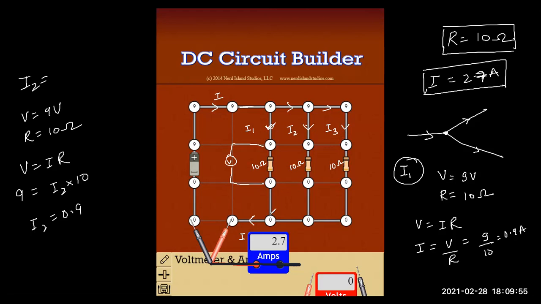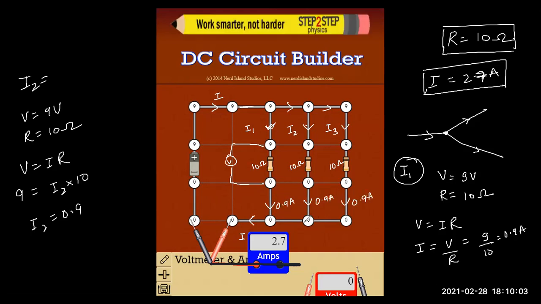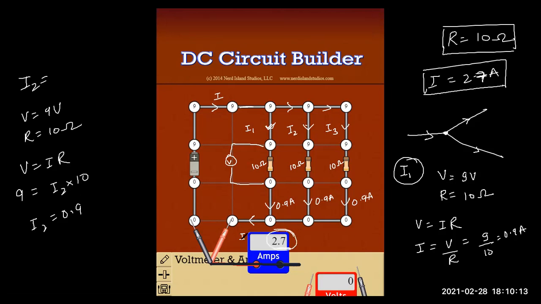That means if I get 0.9 amperes here, 0.9 amperes here, 0.9 amperes over here, how much will this sum to? 0.9, 0.9 and 0.9. This gives me a sum of 2.7 amperes. You do 0.9 into 3, it gives you 2.7.